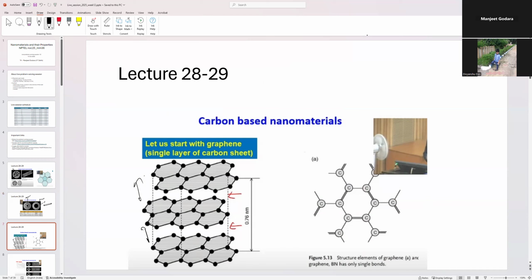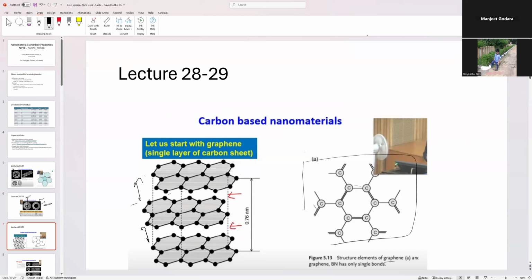So graphite is different layers of carbon atoms bound to each other with weakly interacting pi bonds. So you can separate them, break these pi bonds using different methods, and you get a single graphite sheet, which we call graphene.